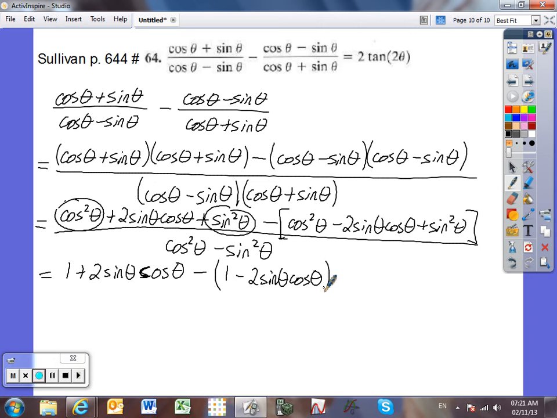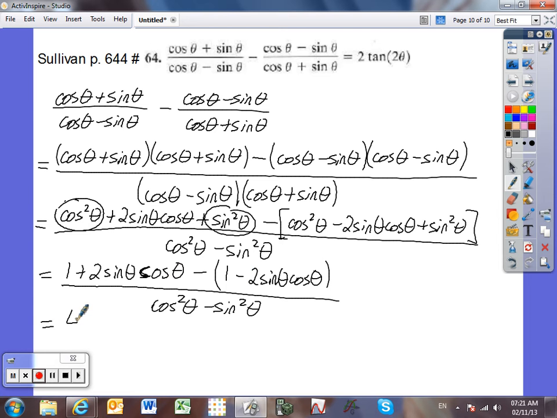Not sure this step actually saved me any time, but oh well. Alright then, so my positive 1 is then subtracting a 1, so those are going to cancel. And my 2 sine theta cosine theta is subtracting a negative, meaning adding a 2 sine theta cosine theta.